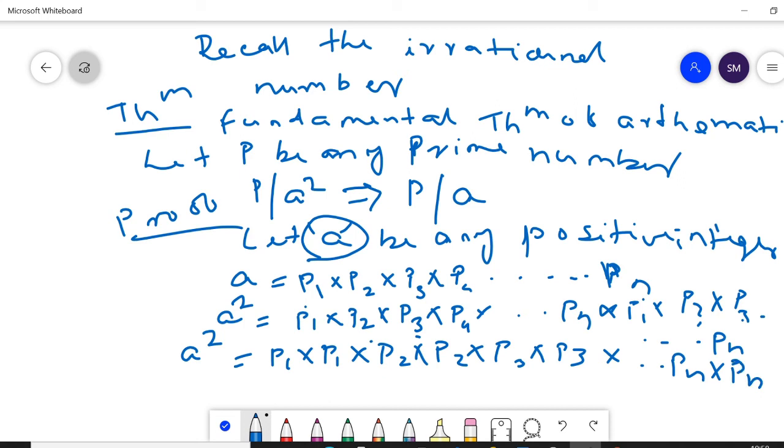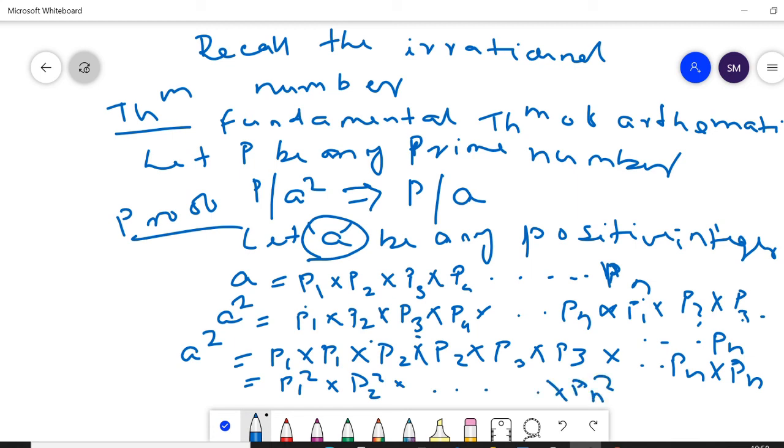This means A square equals P1 square into P2 square up to Pn square.